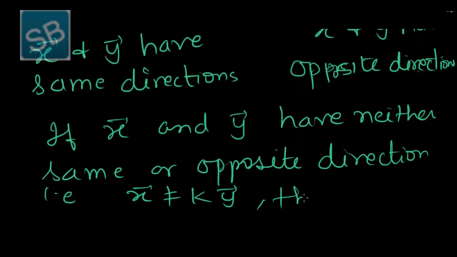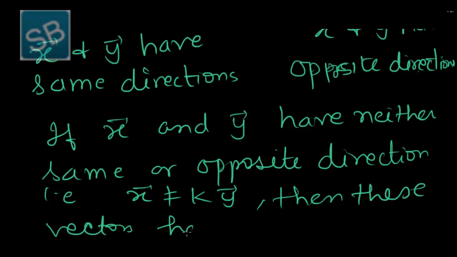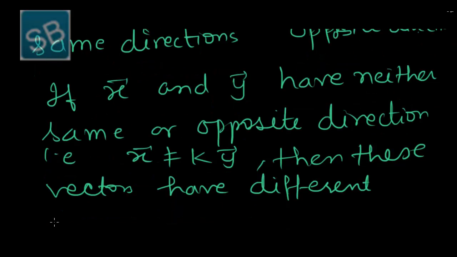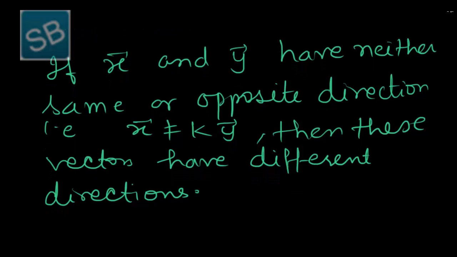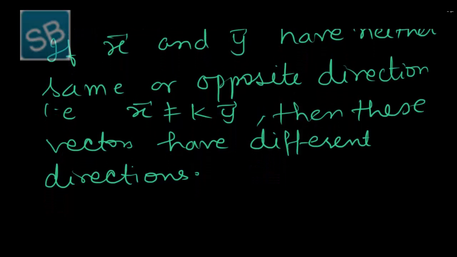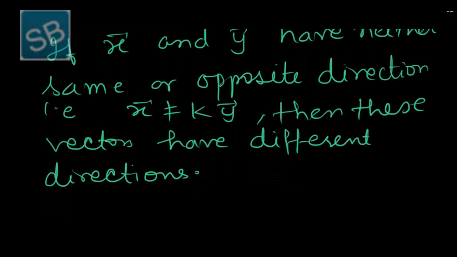Then these vectors have different directions. That is, they are located independently. They are located in a plane, maybe both in the same plane or in different planes.